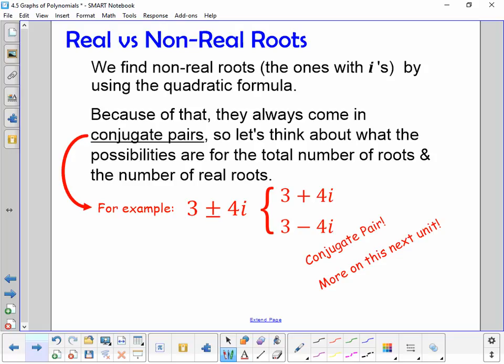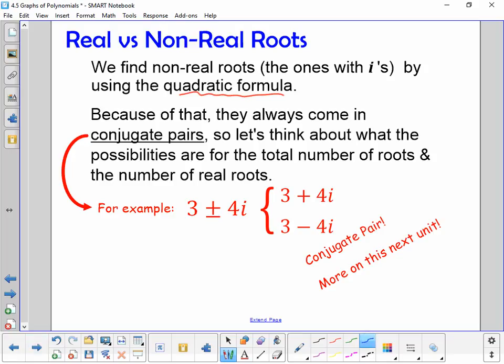We'll talk a lot more about the imaginary roots later in the next unit, but I think it's useful to remember where they come from. Non-real roots we generally find when we use the quadratic formula, and it's when we have a square root of a negative number as part of our quadratic formula. Because of that, they always come in pairs.